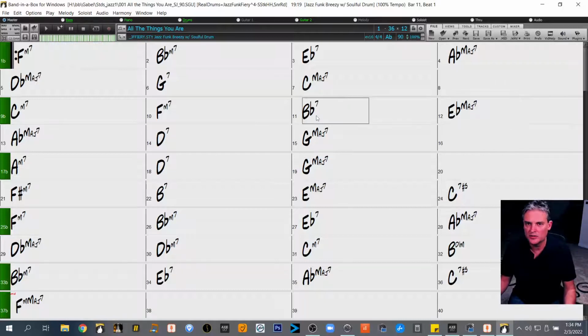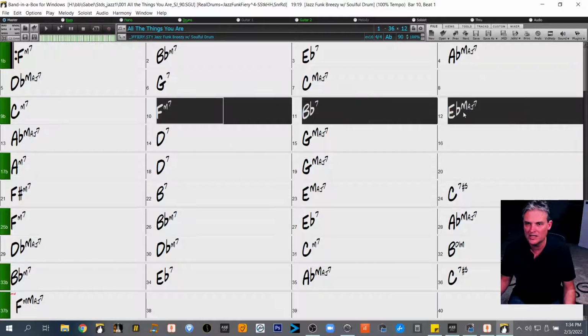Is the root note a perfect fourth away? Yes, B flat to E flat is a perfect fourth away. Now we look to the left. Is that a minor 7 chord? Yes, check. Is the root note of that minor 7 a perfect fourth away from the root note of the dominant? Yes, check. So here we have a 2-5-1 from what key? E flat major.